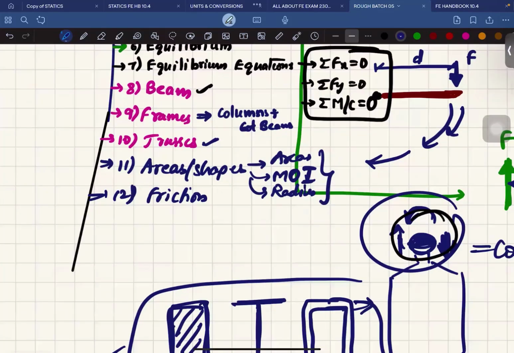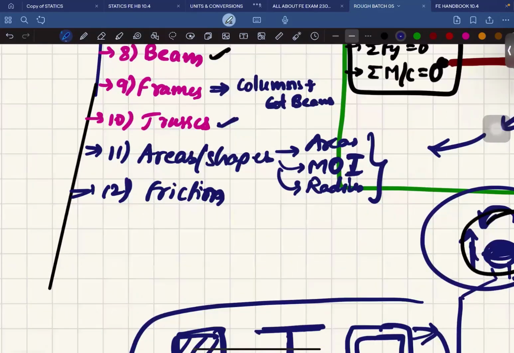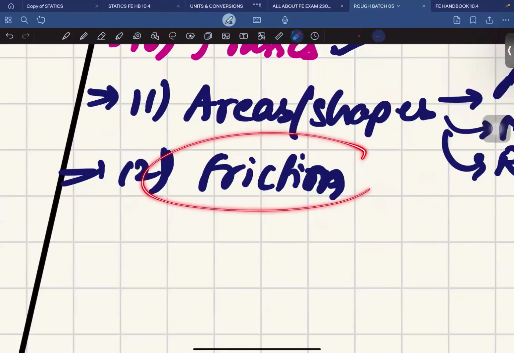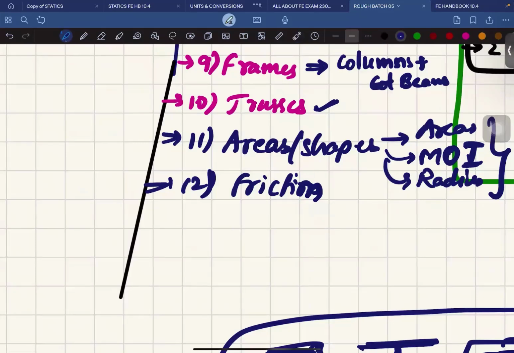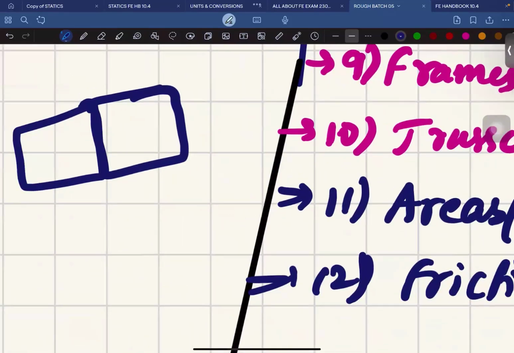Friction is a thing. So what is friction? You guys know it very well. It is static energy caused due to rubbing. It is an opposing force. Friction acts between two bodies which are in contact, and it acts along this contact surface.